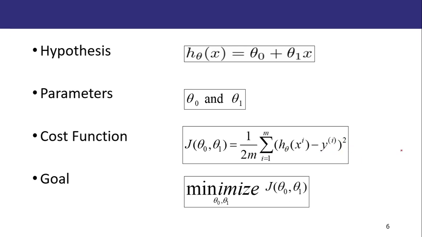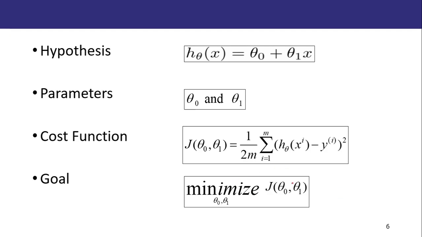Our goal is to minimize the cost function J of theta 0, theta 1 to come up with the optimal values of theta 0 and theta 1. Whenever we reach the minimum cost function, whatever the respective theta 0 and theta 1 values are, those we would like to find. So this is our problem.